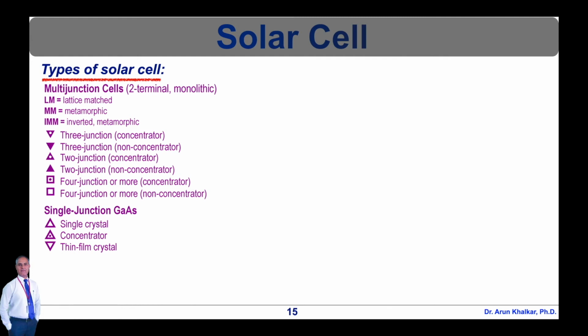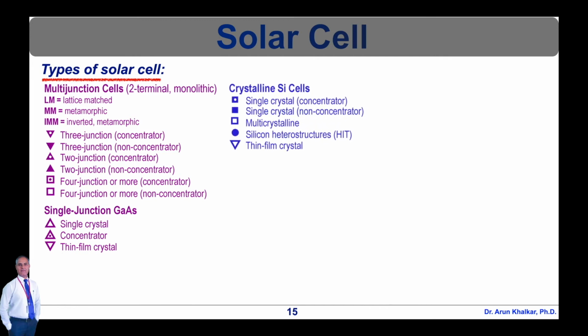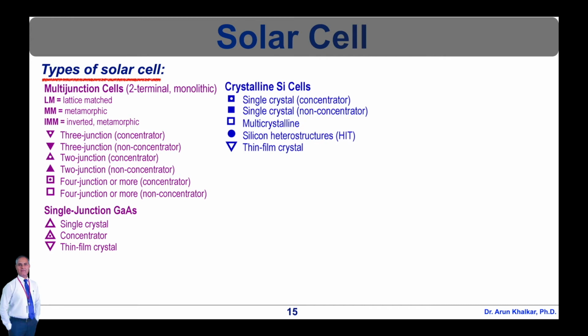Similarly, there is the single junction, for example gallium arsenide, in which single crystal, concentrated or thin film crystals are there. The next type is crystalline silicon solar cells, in which single crystal concentrated, single crystal non-concentrated, multicrystalline, silicon heterostructures and thin film crystals are there.